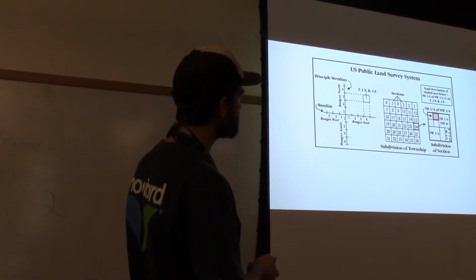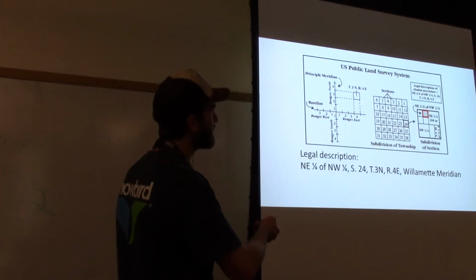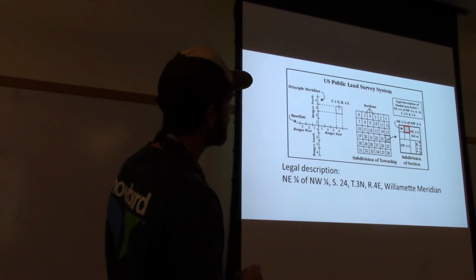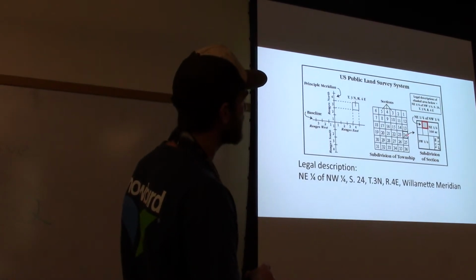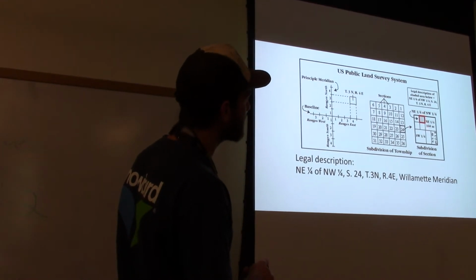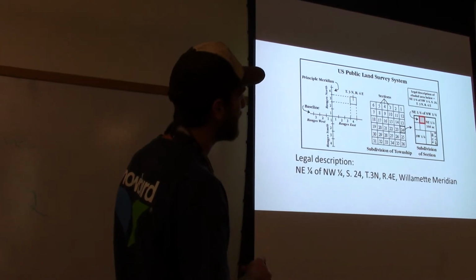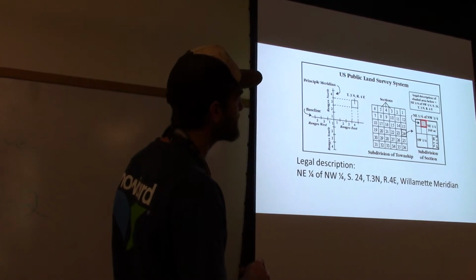And so we're going to get even finer scale. So this location here, right? So we've got section 24, and then we're within this section. You notice this box here, that's the northwest quarter, right? And then this would be the northeast quarter of that.